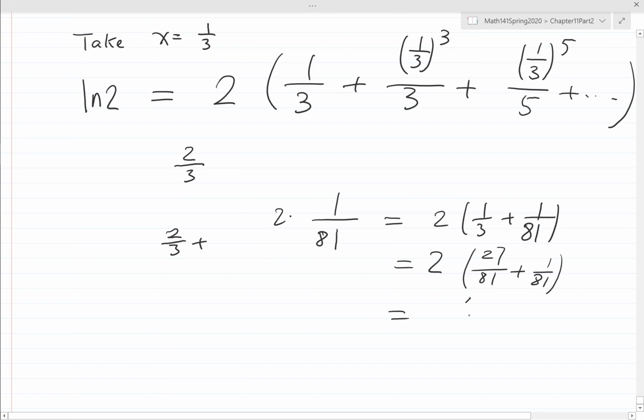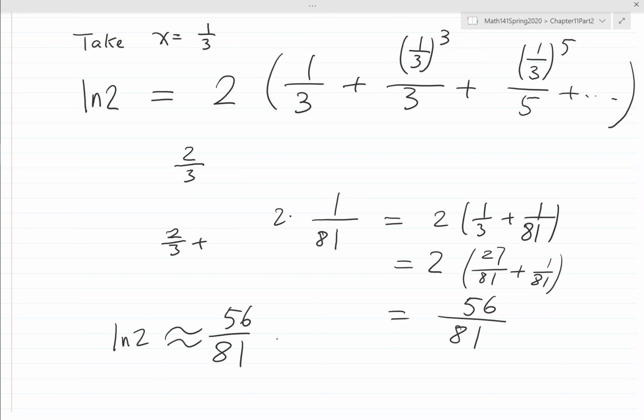So you get actually 56 over 81. You can check how good this approximation is using a calculator. So ln 2 is approximated by 56 over 81. Of course, if you use more terms, you can get better and better approximations. Okay, maybe let's just stop here for today.